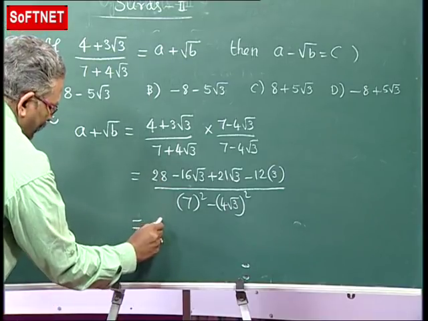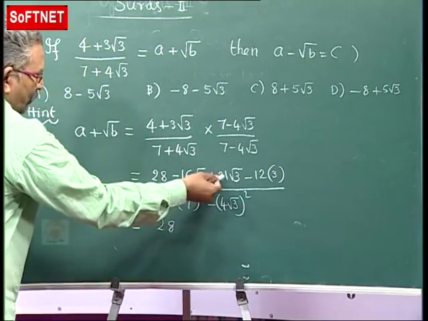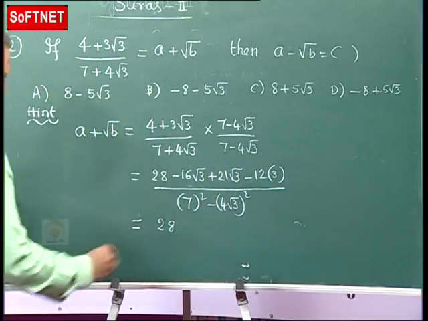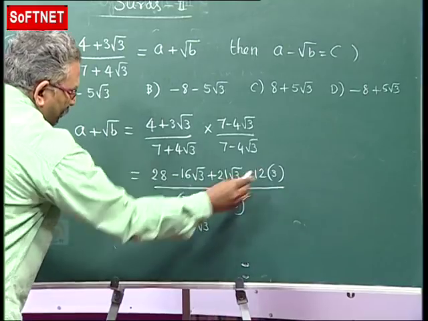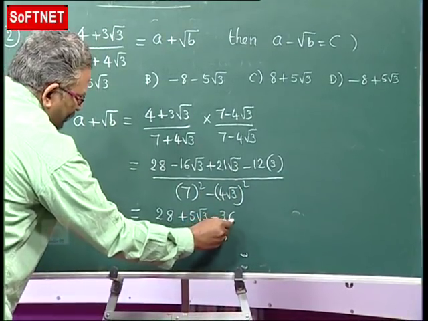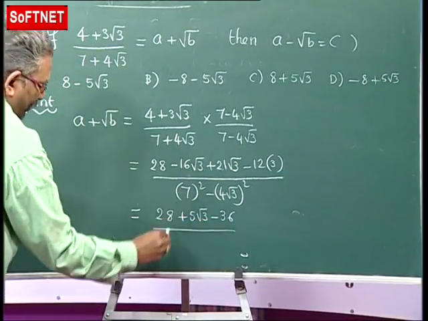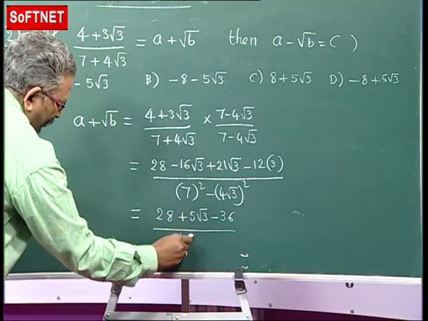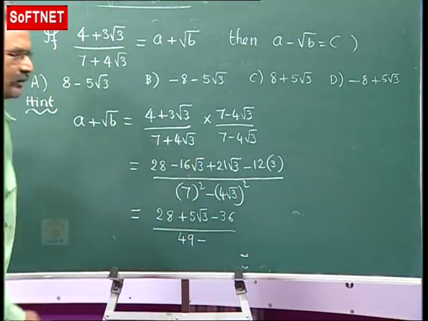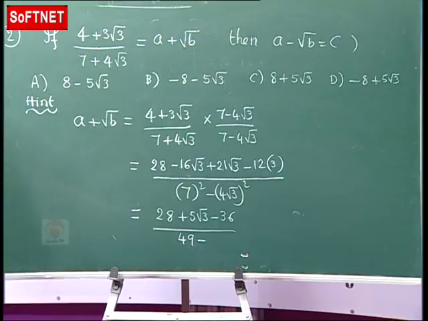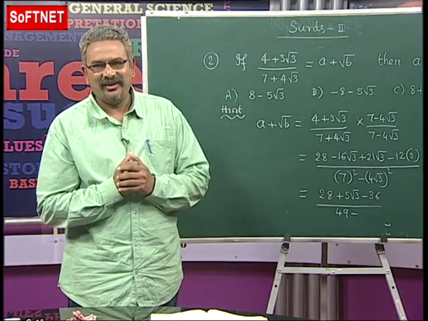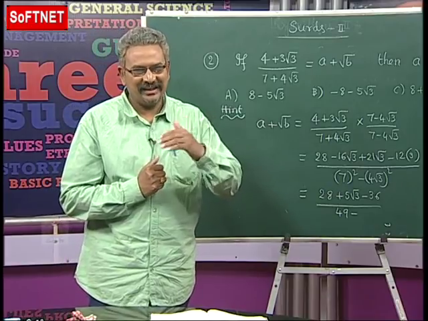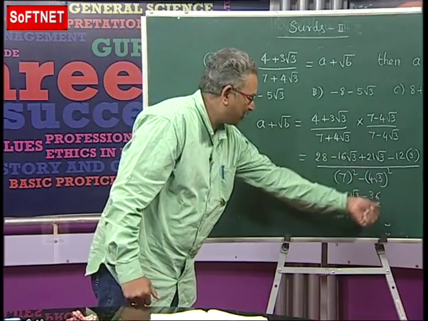Now, 28. 21 root 3 minus 16 root 3, that is 5 root 3. Minus 12 into 3, 36, upon 49 minus, it is very important, what is 4 root 3 square? 4 square is 16, root 3 square is 3, 16 into 3 is 48.